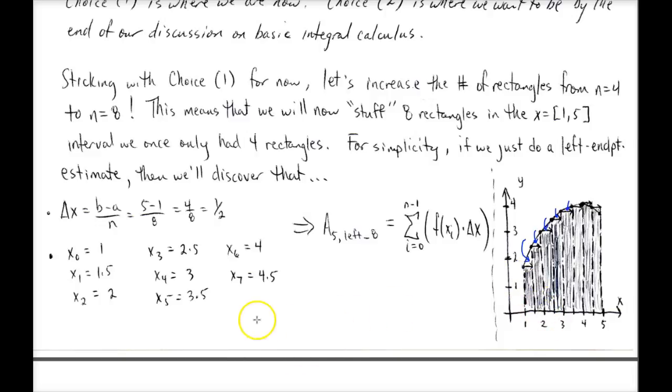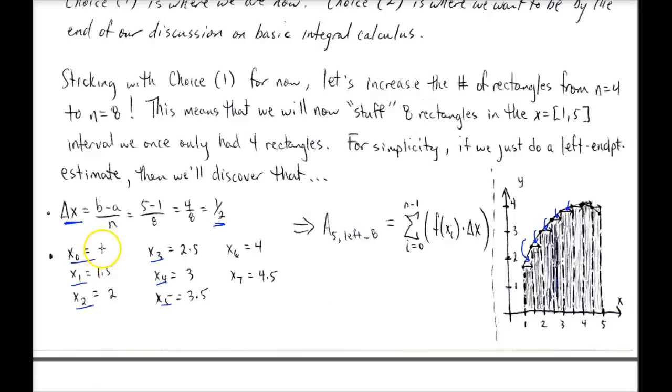Okay, so let's move on here, and we see that if we have these 8 rectangles, of course our delta x now is about half of what it was before. Remember, it was 1, but now it's 1/2, because now we've changed n from being 4 to 8. And we also see that our endpoint x values change.